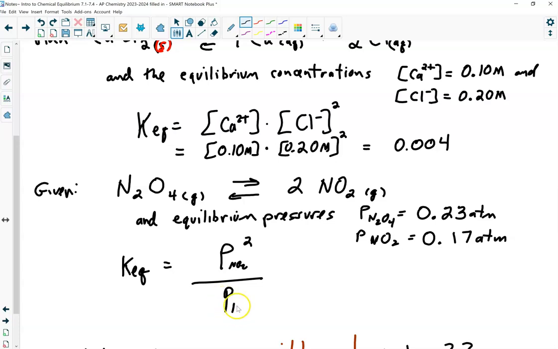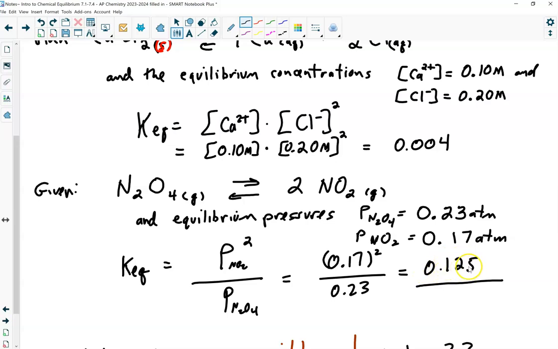So equals, all right, well, the pressure of NO2 is 0.17 atmospheres squared over 0.23 atmospheres, and the numerical value is 0.1256, or again, 2 sig figs is all we have. So 0.13 would be the value of this equilibrium constant.